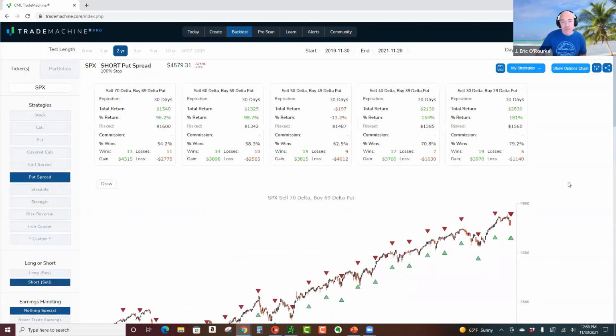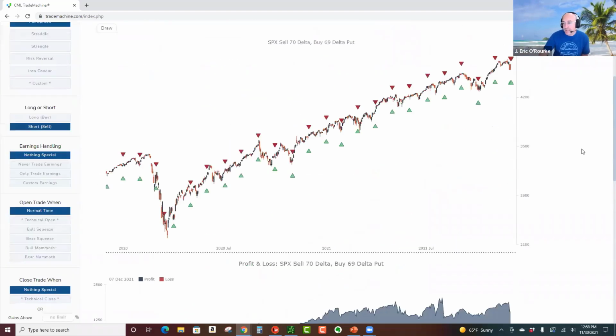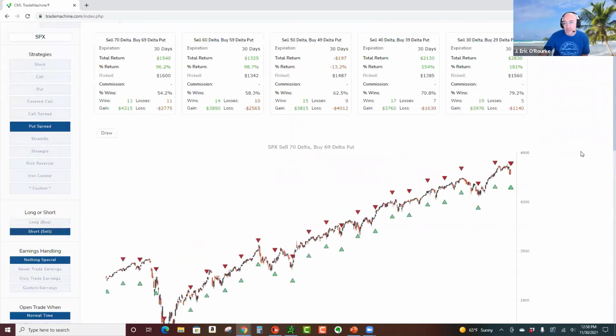In general, stop losses tend to reduce your win rate because there are many cases where the market goes down and then comes right back up and your trade can actually recover. So by putting a stop loss in, you can reduce your win rate a little bit.